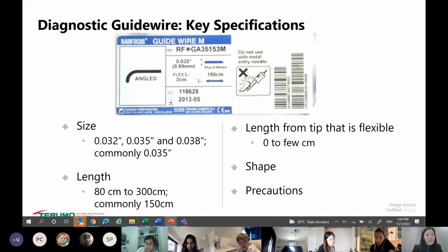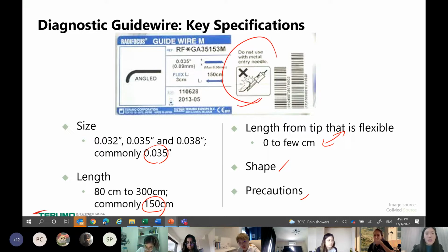Key specifications, definitely size, usually 035. Very uncommonly in PCI or IC for CAD, you will see other sizes. But 035, typically also 150 cm. You will see the length from the tip that is flexible, the shape, and any kind of precaution.